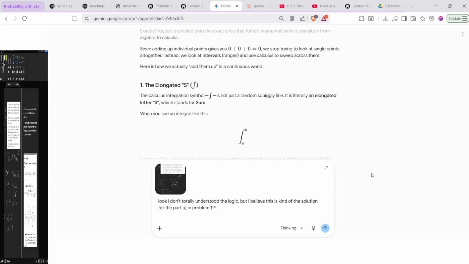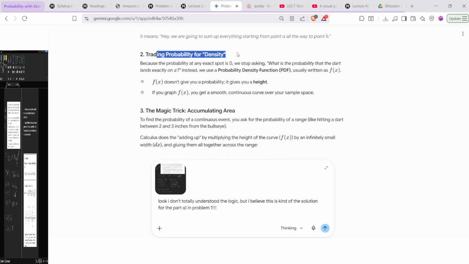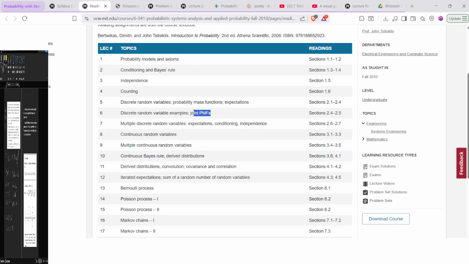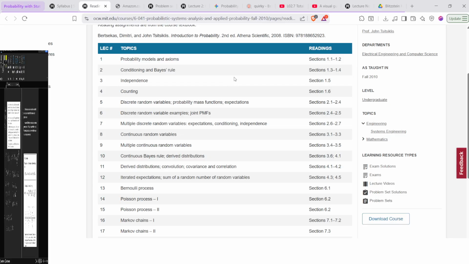Yeah, I know that. PDF, of course, probability density function. I don't know, that's from the latter chapter. Going to see that later.